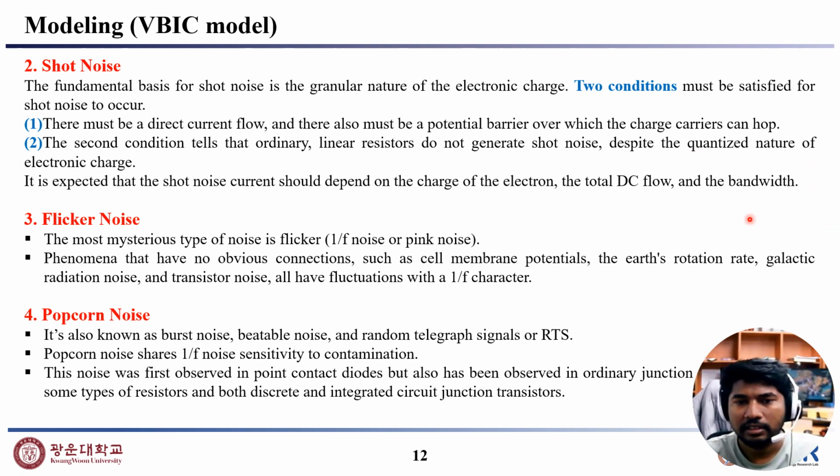It is expected that the shot noise current should depend on the charge of the electron and the total DC flow and the bandwidth. Third one is flicker noise.